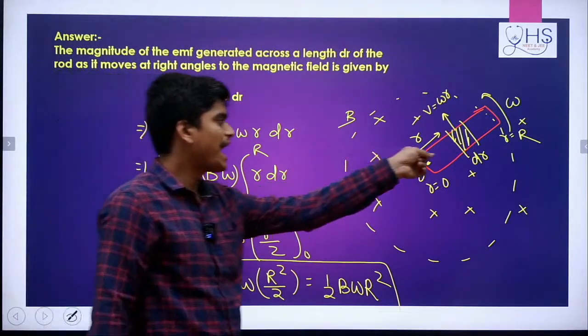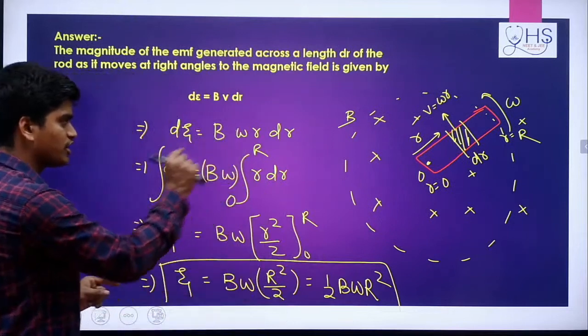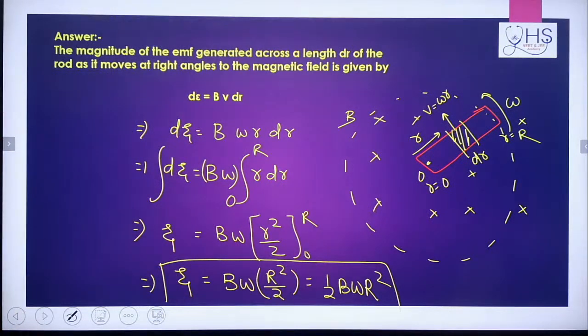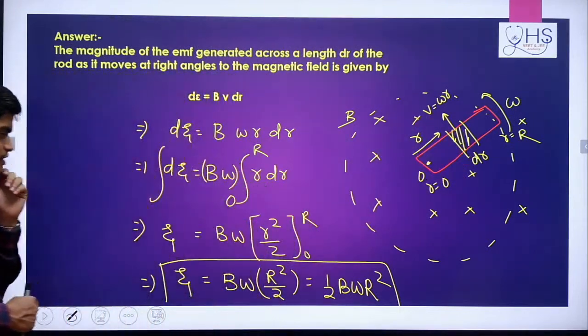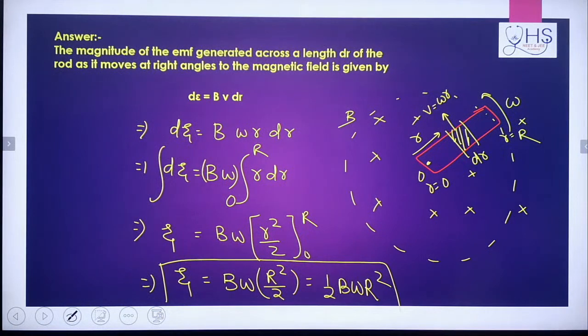That means this will again act like a cell, and it will have this EMF. Also, by doing V cross B you can understand where the positive terminal and the negative terminal are. The direction of V cross B will give you the positive terminal of the cell.